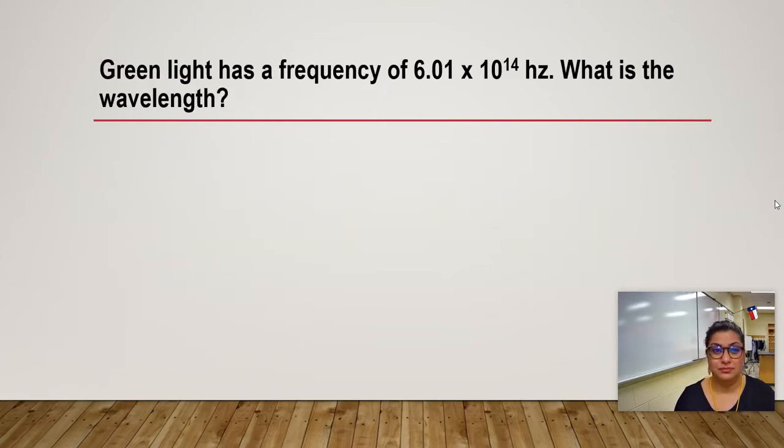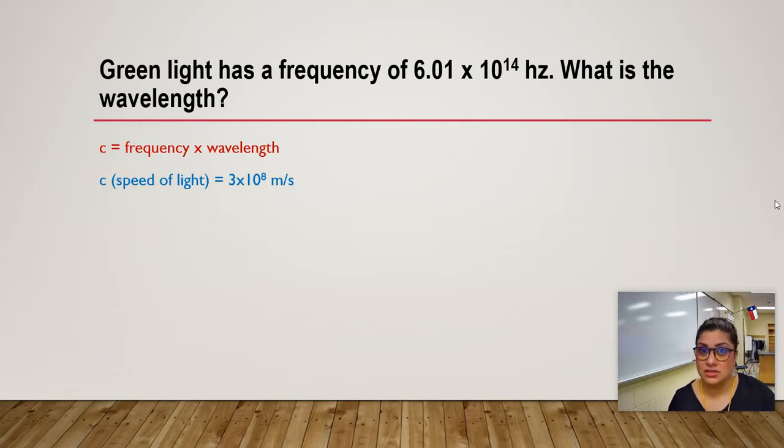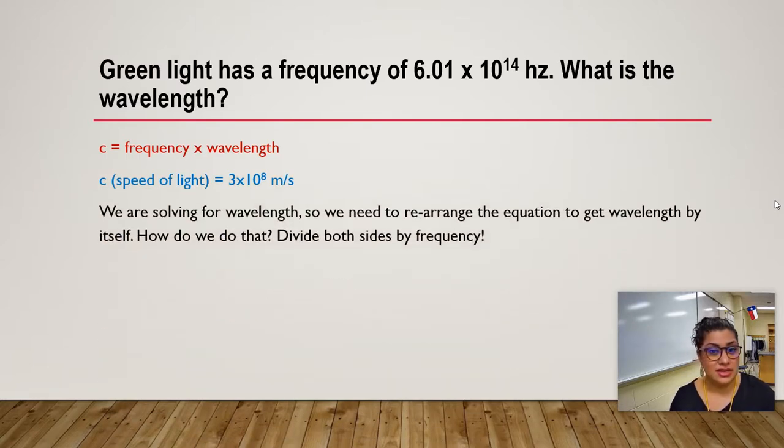Let's do another one. Green light has a frequency of 6.01 times 10 to the 14th hertz. What is the wavelength? Again, our wave equation. There's our speed of light constant. And again, we need to rearrange it to solve for wavelength, okay?